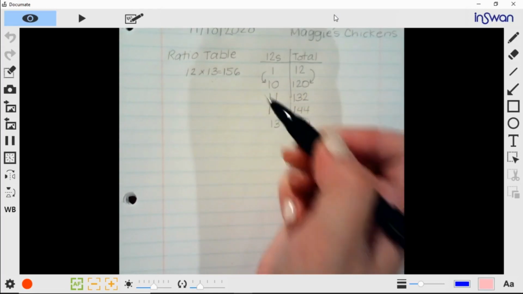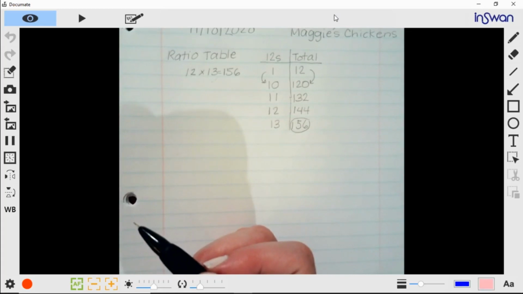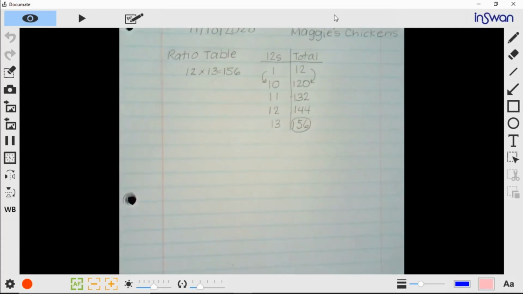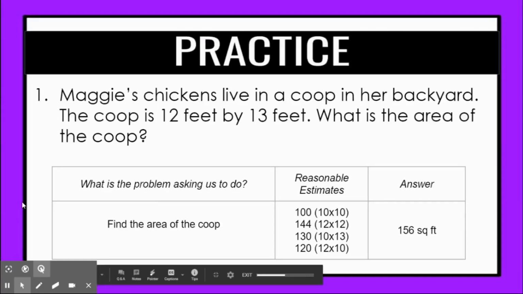And remember the problem that we're working with, we're saying that it's 156 square feet for that chicken coop. So now let's go back over. So go back to your Google Slides assignment, and we've got 156 square feet as our answer.